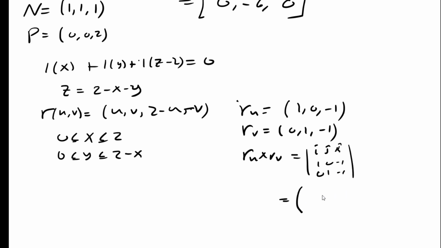Cross that out, we get 0 minus -1, which is 1. Cross that out, we get -1 minus 0, that's also going to be 1, right, we have the minus there. Cross this out, we get 1 minus 0, we get 1.